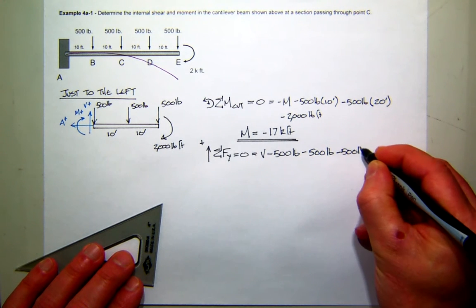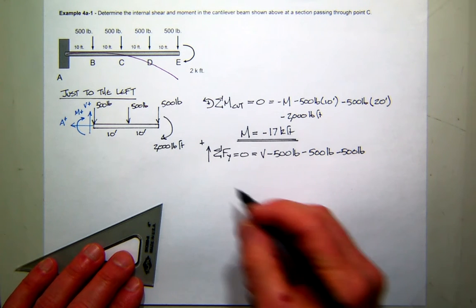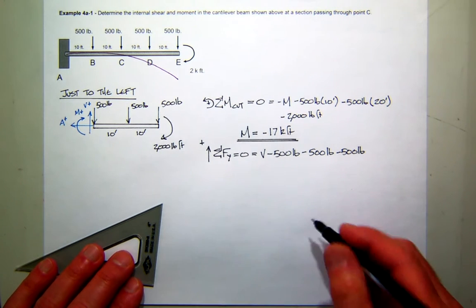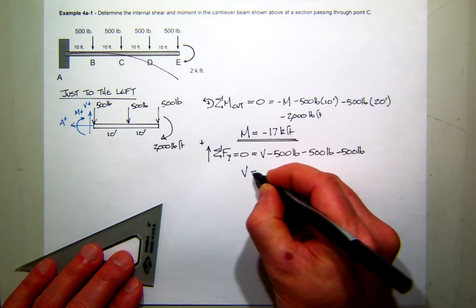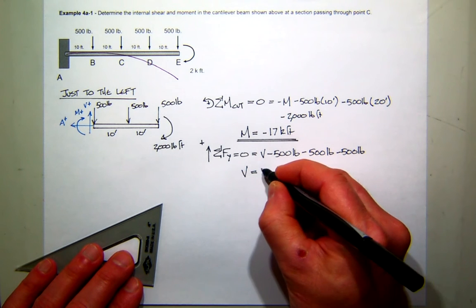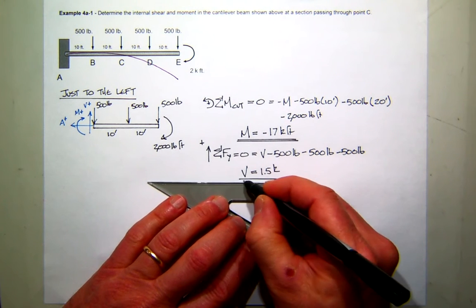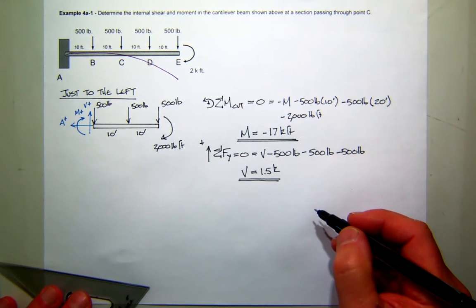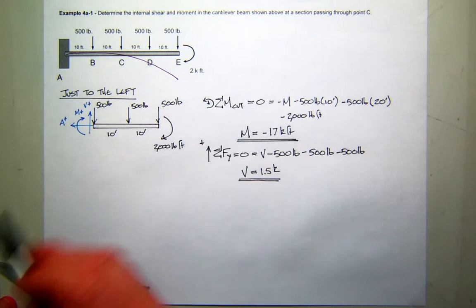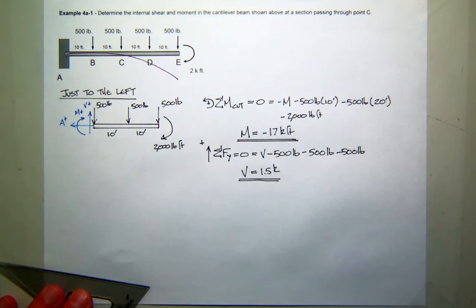And then what else? That's it. This moment's not a force. So when I solve for that, it looks like the shear is equal to 1.5 kips. Right? So the shear force is positive. Positive shear force.